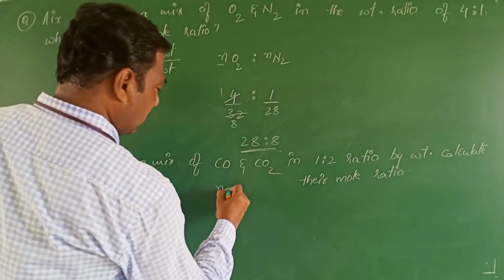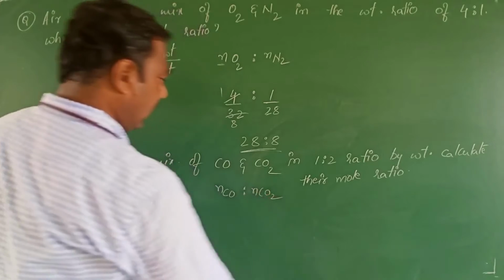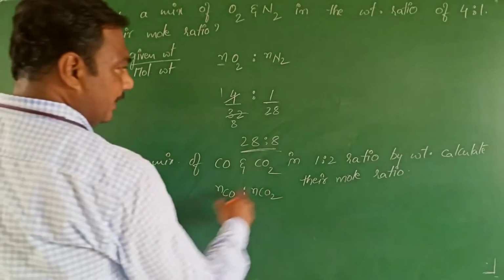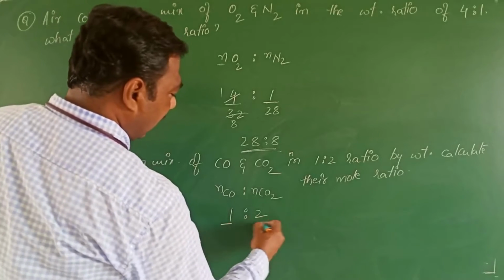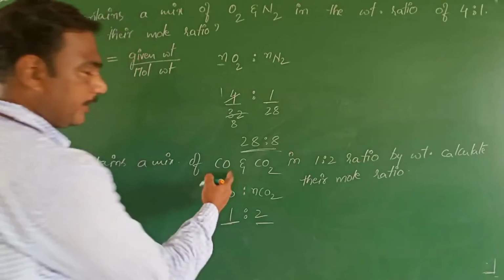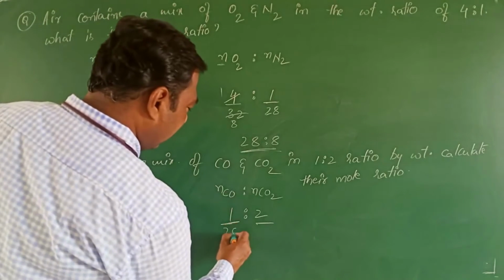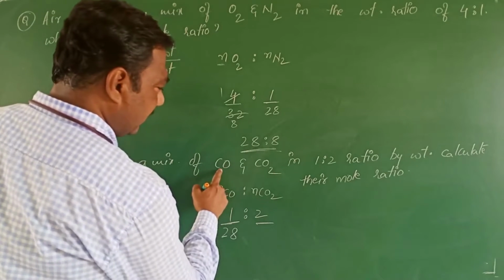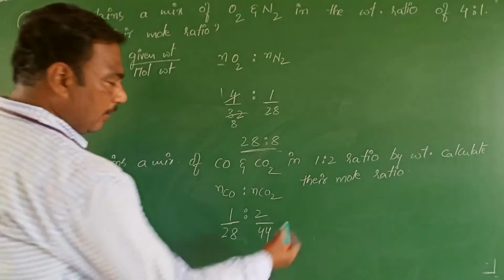That is number of moles of carbon monoxide to number of moles of carbon dioxide. Now, what is the weight ratio which is given? It is 1 is to 2, divided by their molecular weights. What is the molecular weight of carbon monoxide? It is 12 plus 16, that is 28, and for carbon dioxide it is 44.